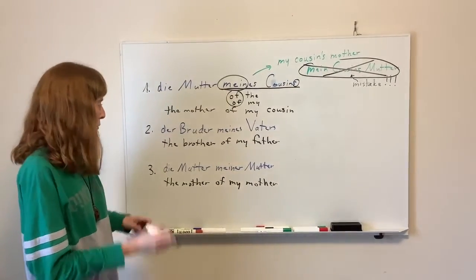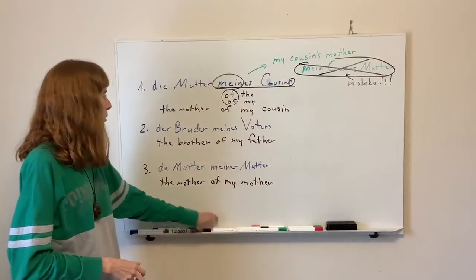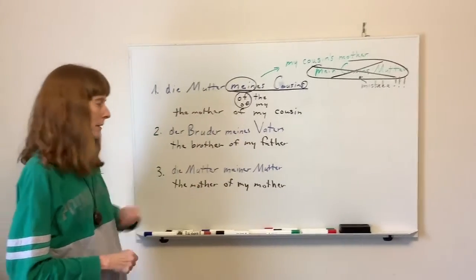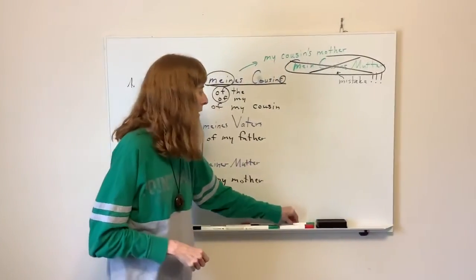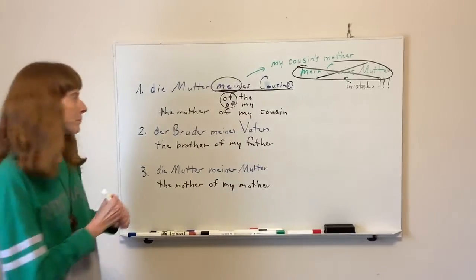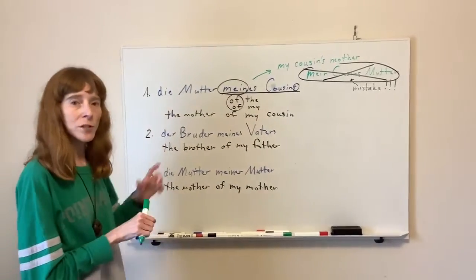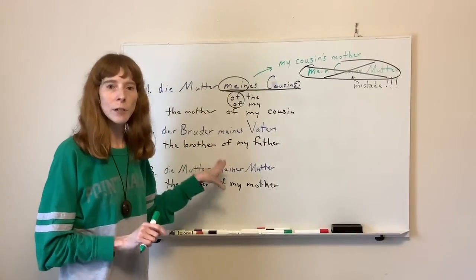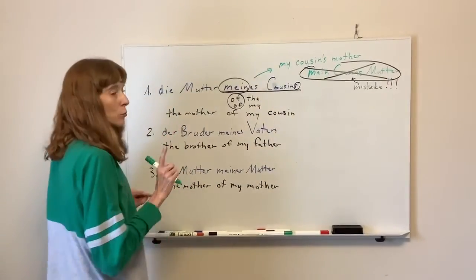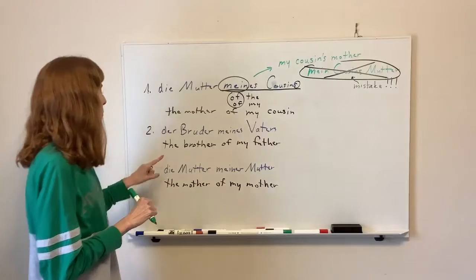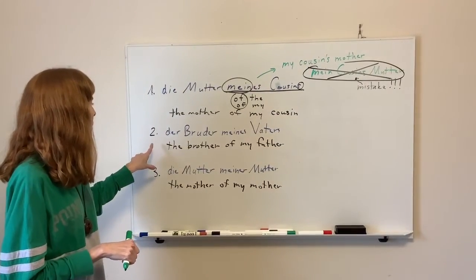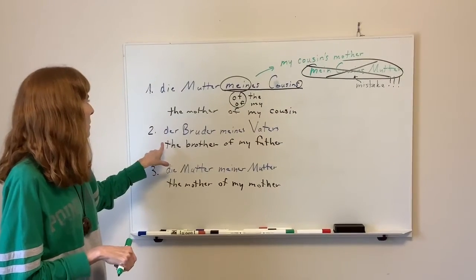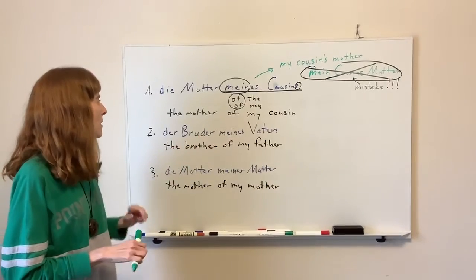Okay, now you may be wondering, why in the world would I talk about my family members like this? Is this normal in Germany? It depends on the situation. I'm using family members now because I know that you know the vocab, and it's a very easy way to practice genitive case at first. However, you will use this in real life, for example, if you are talking about der Bruder meines Vaters.